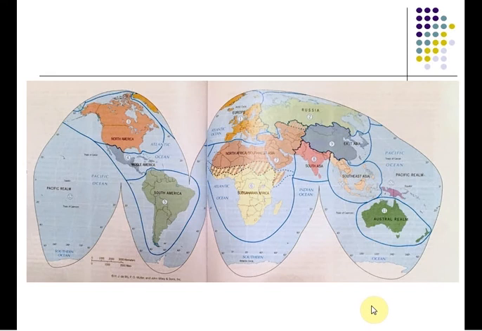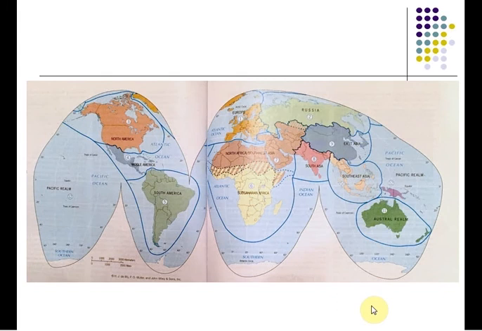Another example, this is from another textbook, you can see that Middle America is divided out from South America as a separate region. You also see in places like North Africa or the Middle East, it extends up into parts of Russia, and there's a dividing area through the Sahara Desert in Africa between that North African and Middle East region, and the Sub-Saharan African region, the more tropical parts of Africa.